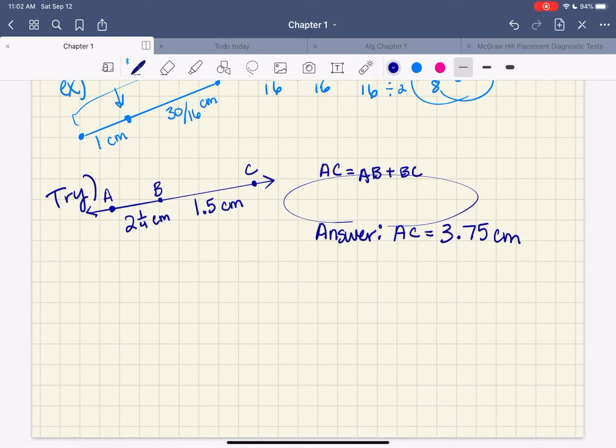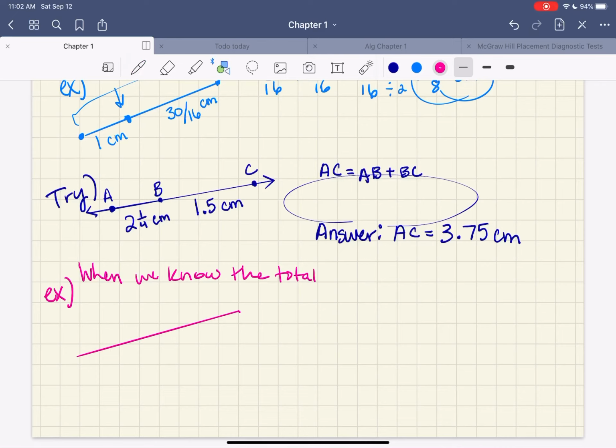If you didn't get that right, go back, try to figure out what you did wrong. Let's do example 2. Another example. So this is going to be when we know the whole. So when we know the total, essentially.